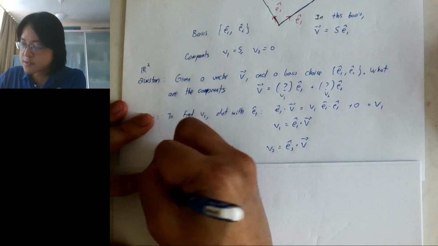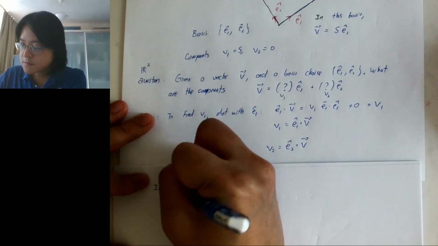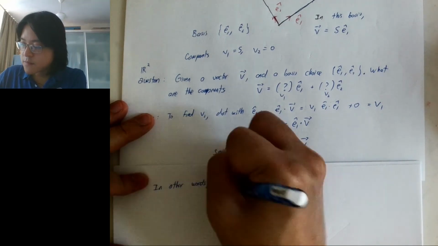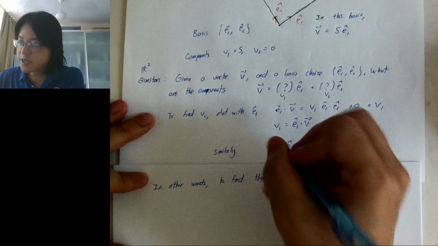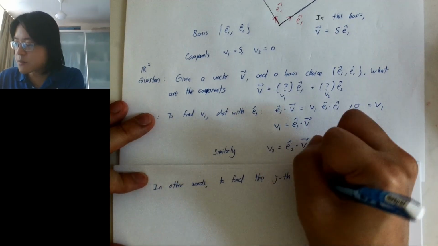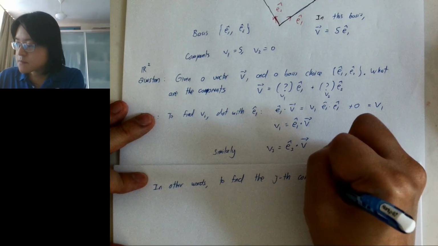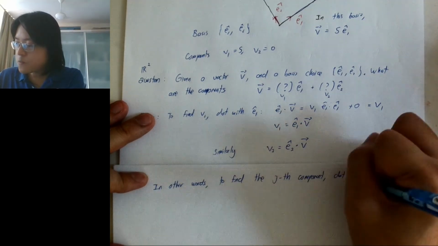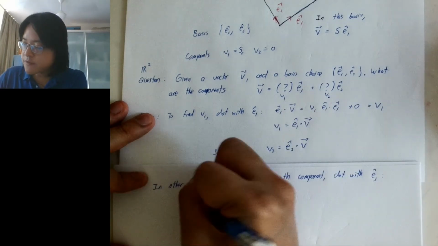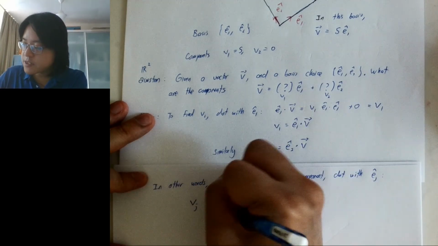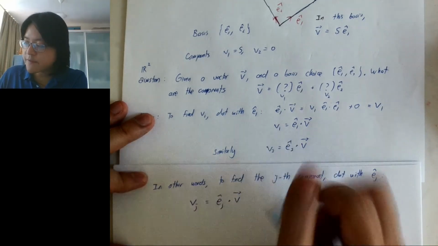So in other words, to find the jth, arbitrary component, we dot with the corresponding basis vector Ej. This will give you Vj is just Ej dot product with the vector V.